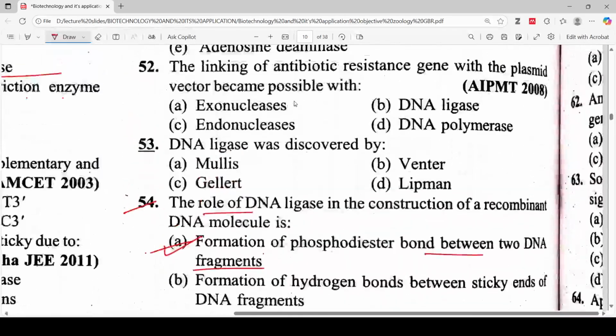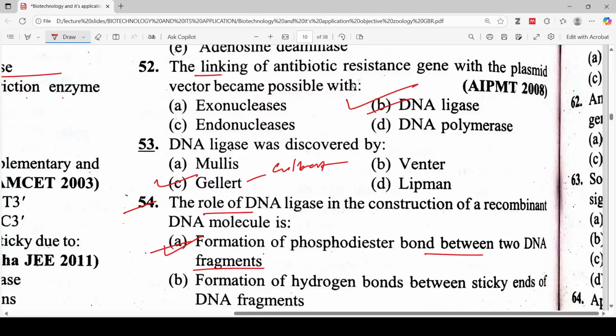Next question, DNA ligase was discovered by, option C will be the correct answer, Gilbert. Next question, the linking of antibiotic resistance gene with the plasmid vector becomes possible with DNA ligase.